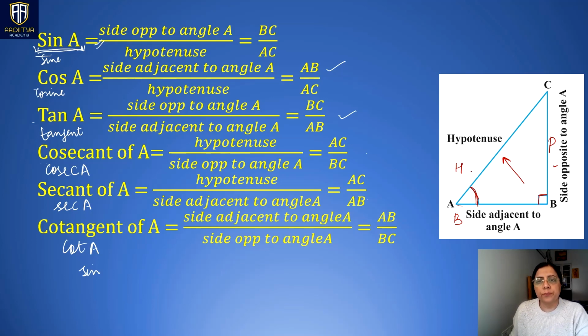So this is hypotenuse, base, and perpendicular for angle A. If we take angle C, P and B will be reversed. I'll tell you later in the next slide.